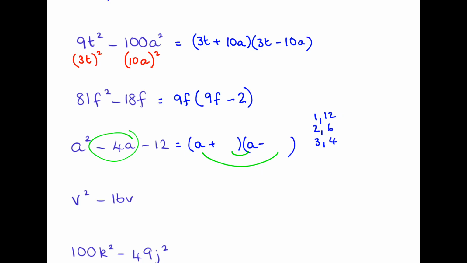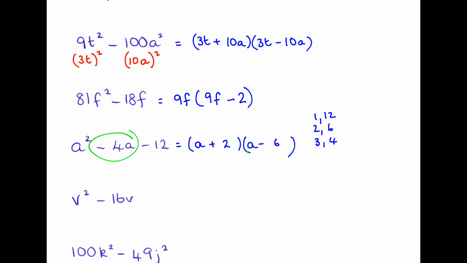Let's try 2 and 6. Okay, so from this we get positive 2a, and from the other one we get negative 6a, and 2a take away 6a is negative 4a, so we've hit on the right answer there. So that is correct, 2 and 6, plus 2 minus 6, so we can lose that, and that's our answer.